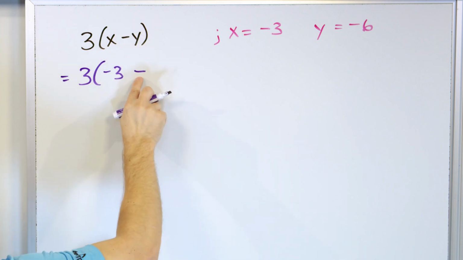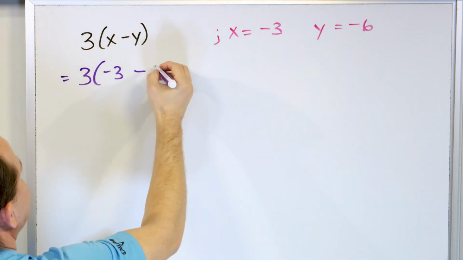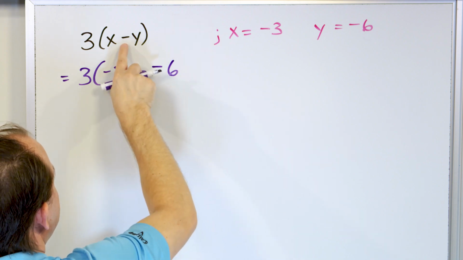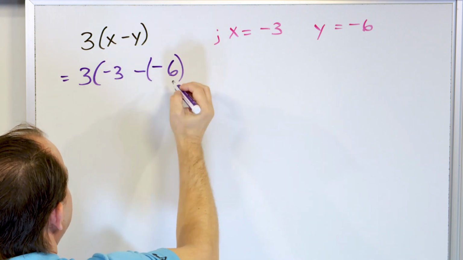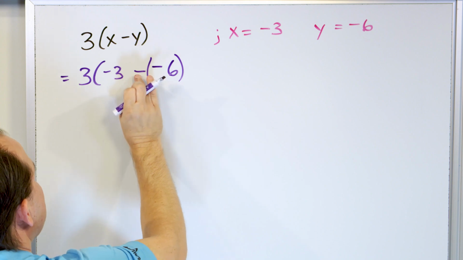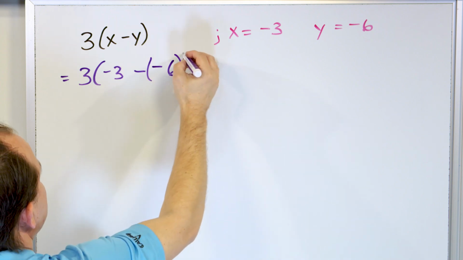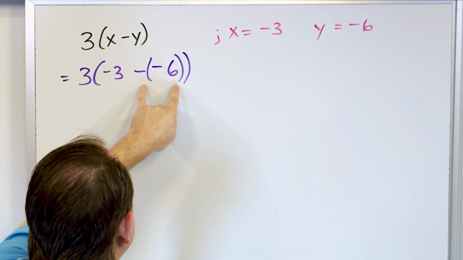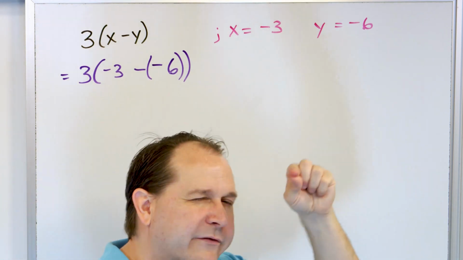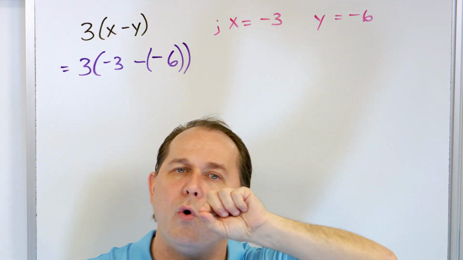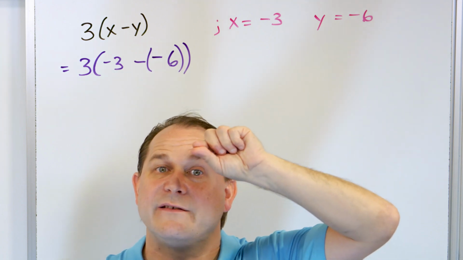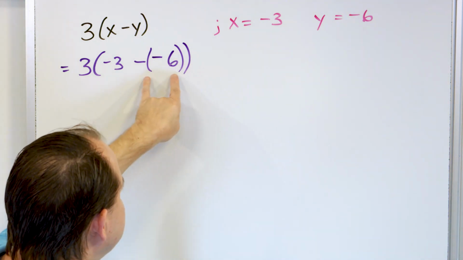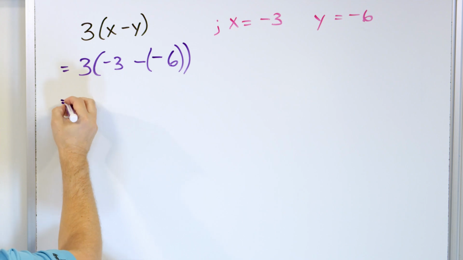The minus sign comes from here, but y is also a negative number. So yes, it's going to look like minus a negative, but really it's better to wrap that in parentheses to make sure that you don't confuse yourself, because if you don't put the parentheses around the -6, then you have a minus right next to each other, and it looks like one subtraction symbol. Really, it's two minuses next to each other, so it's cleaner to put the parentheses here.